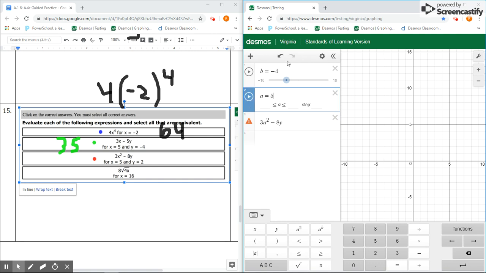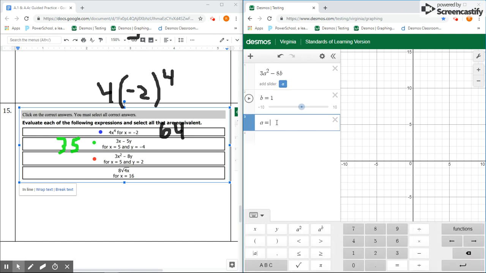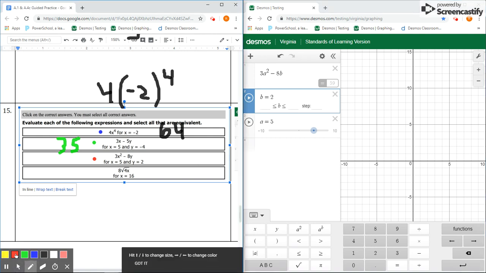Oh, a is already 5. Let's see, it's not going to let us do it unless it's below. There we go. All right, so a is 5 and b is 2, and we get 59. Okay, so far none of them are equivalent. 64, 35, and 59 are not the same.